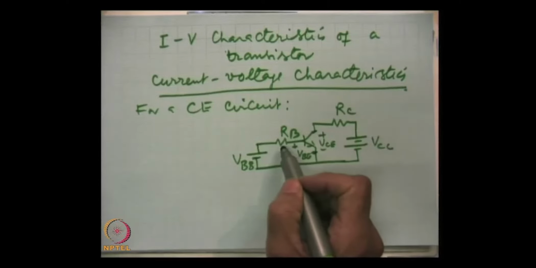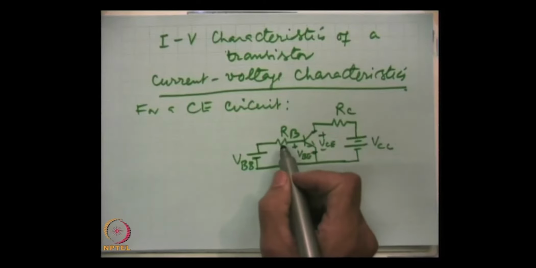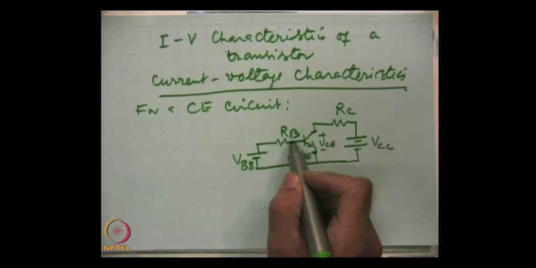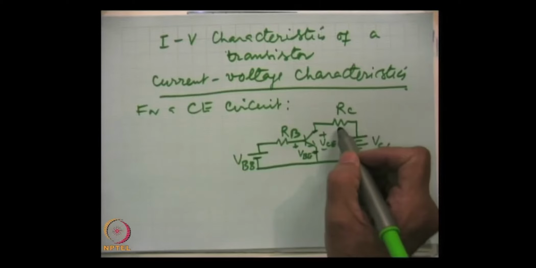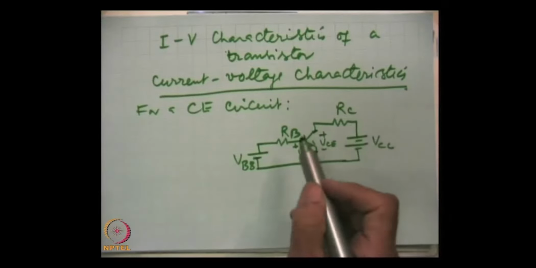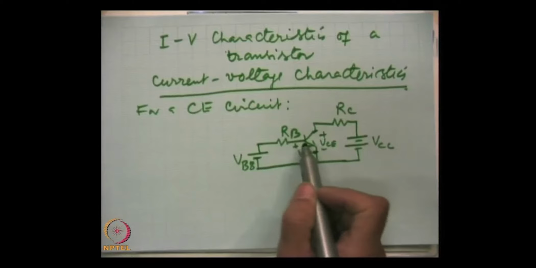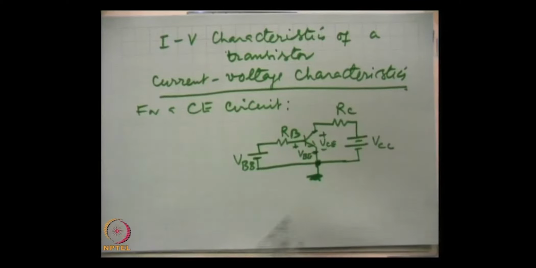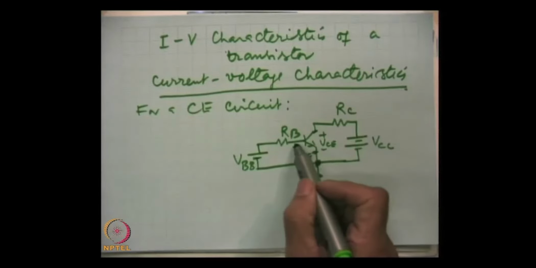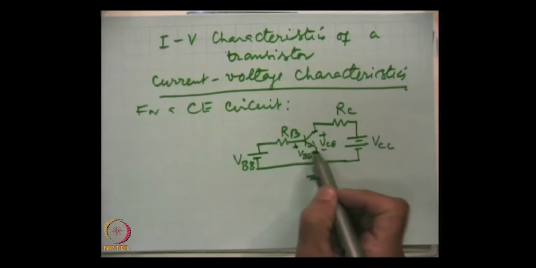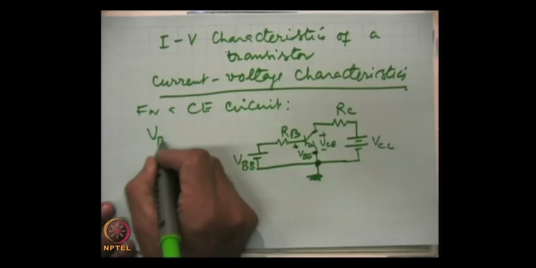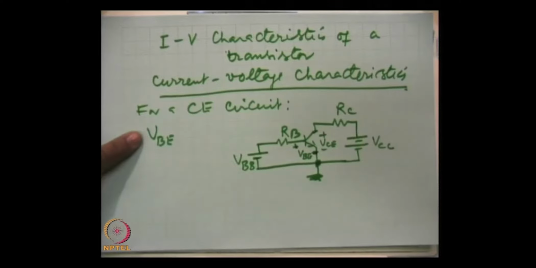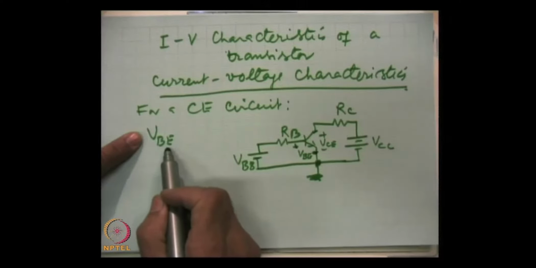The resistance which is connected to base is written as RB, B is the subscript, and this resistance with the collector RC. The voltage drop between base and emitter, emitter is one terminal often grounded. So, this is the positive voltage drop, this is minus, and this is designated as VBE, voltage drop between base and emitter.